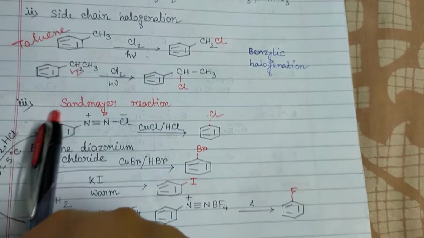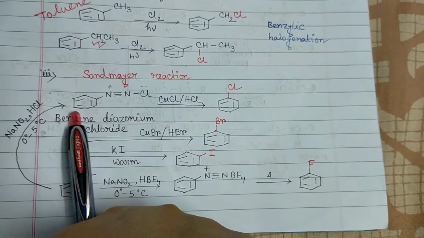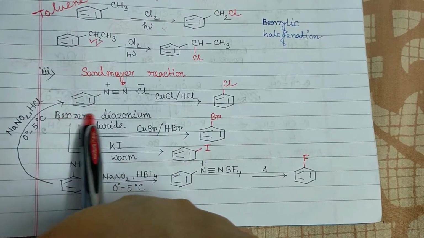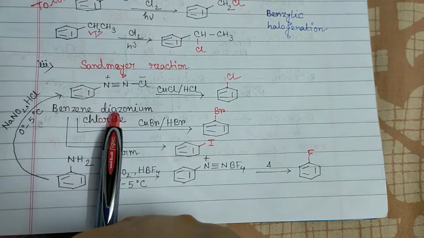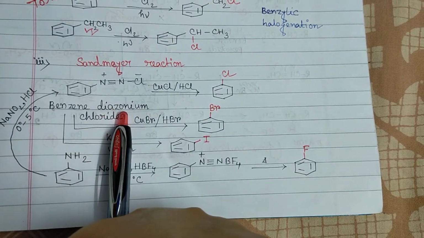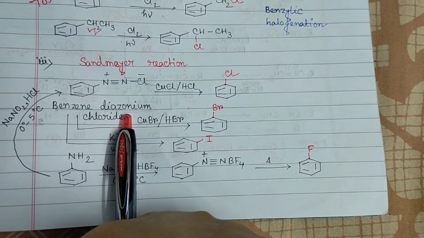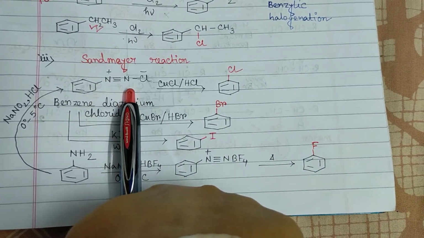Next process is the Sandmeyer reaction. Sandmeyer reaction starts from the compound known as benzene diazonium chloride. In the name diazonium chloride, the word azo means nitrogen. So diazo, see there are two nitrogen atoms.